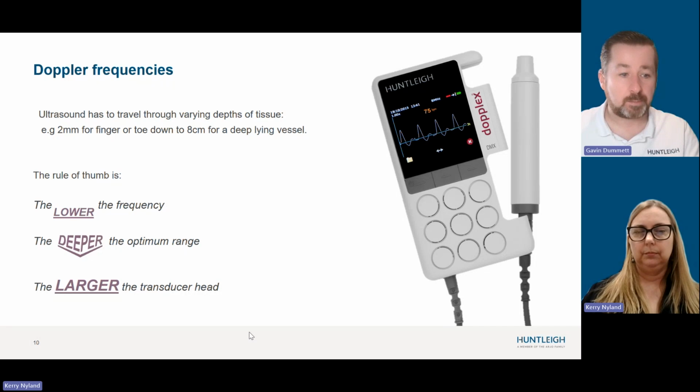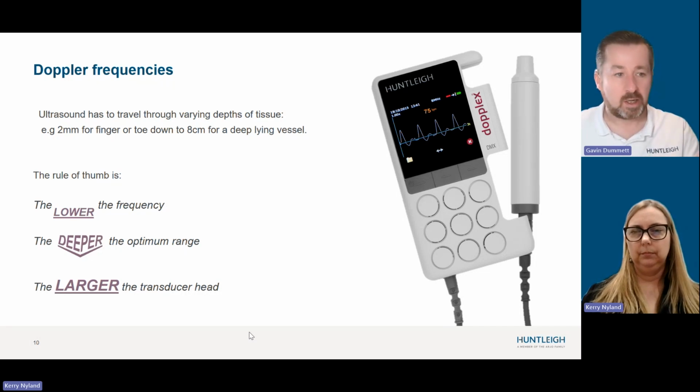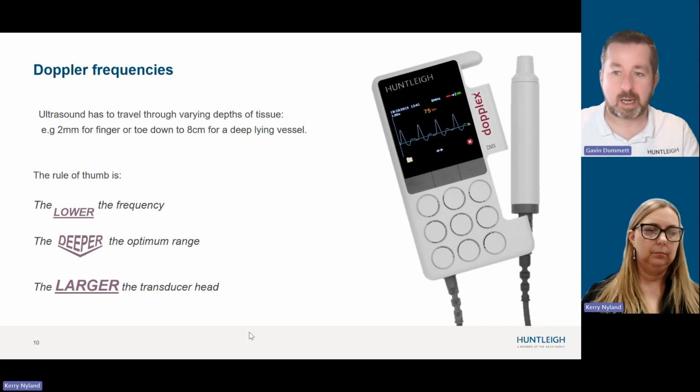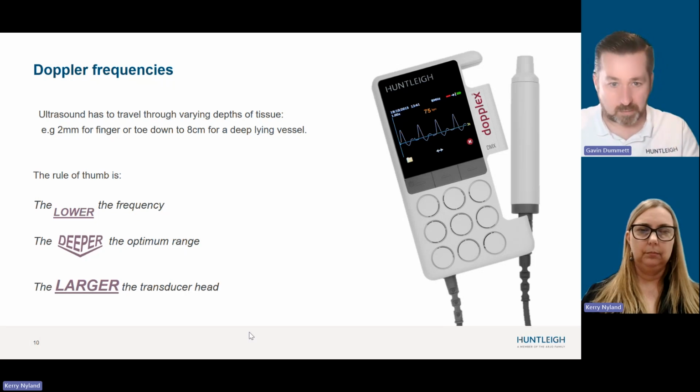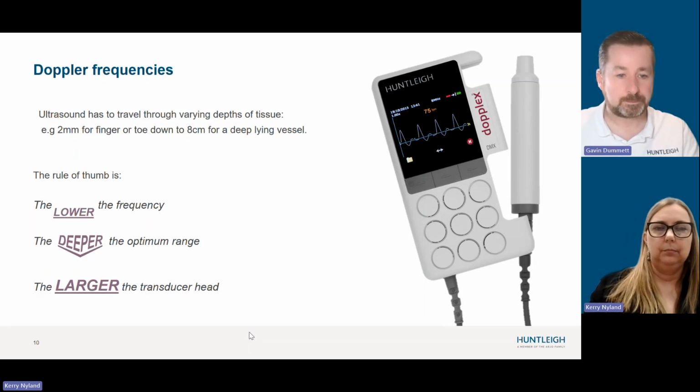A typical example: a 10 megahertz probe would be used for a very low depth, so basically fingers, toes, your face. And then a 2 megahertz probe would be a deeper depth, which would be more for obstetrics, monitoring a baby. Next slide, please.